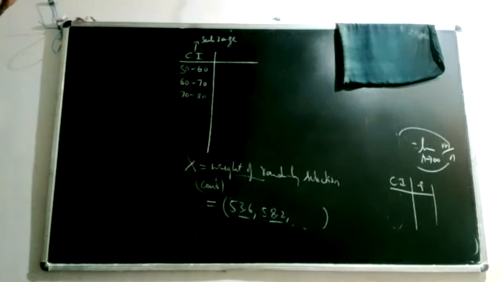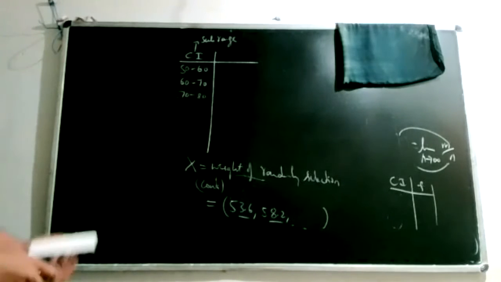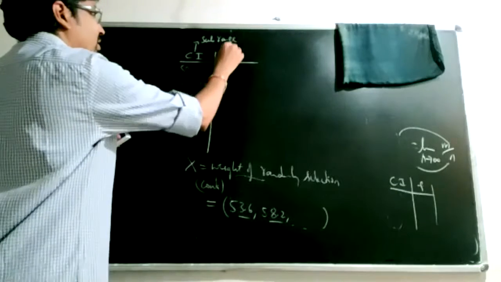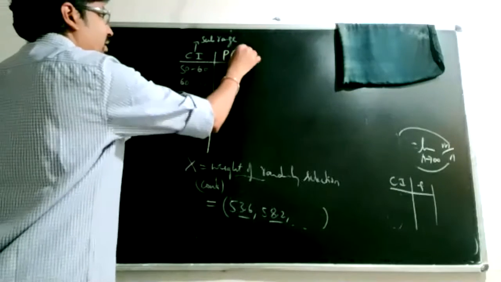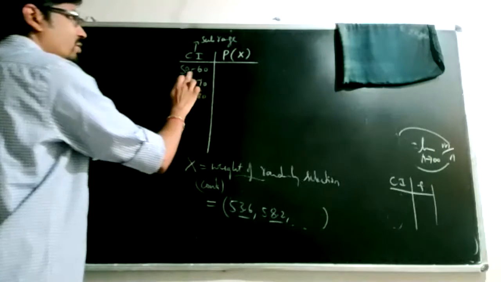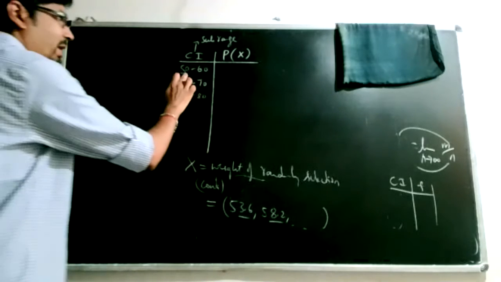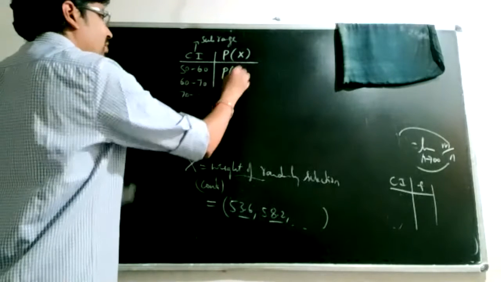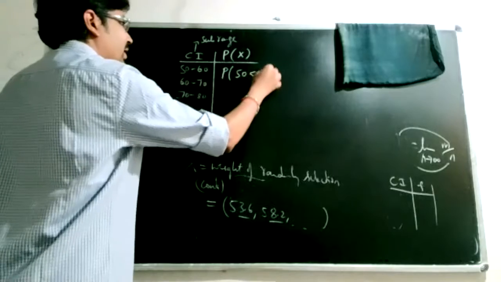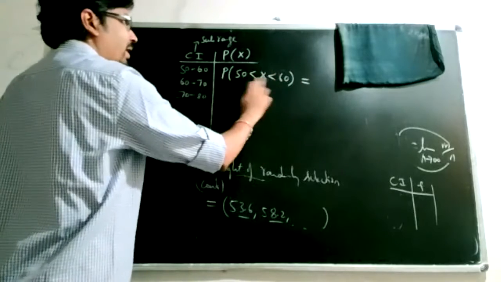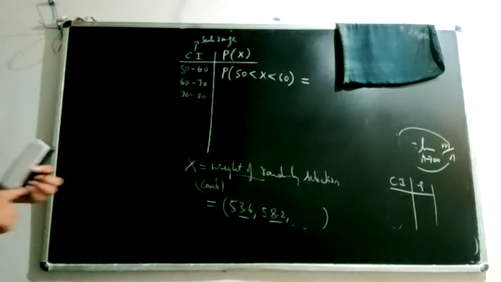In the same way, we construct the probability distribution. If I ask for the probability for this particular x, it is not for a particular value of x, because here my x is from 50 to 60. So the probability is defined as the probability that x lies between 50 and 60.